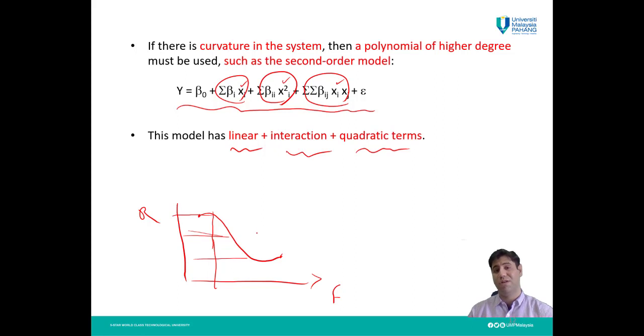To know this equation, you need to know about the linear relationship, or main effect actually. The linear part is checking main effect. Interaction is checking simultaneously the effect of both or more than two factors on the response. And the quadratic term also is helpful to find this polynomial curve.